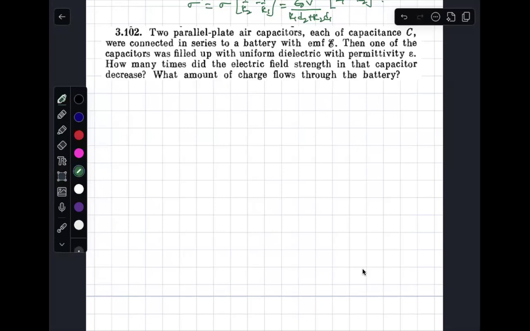Simple. Now try to please understand what is happening over here.